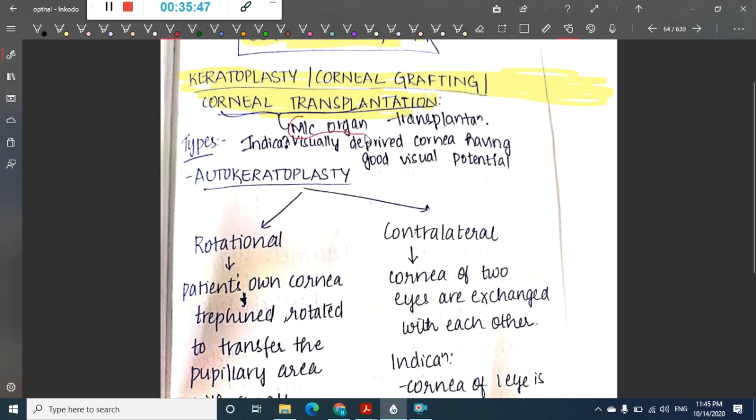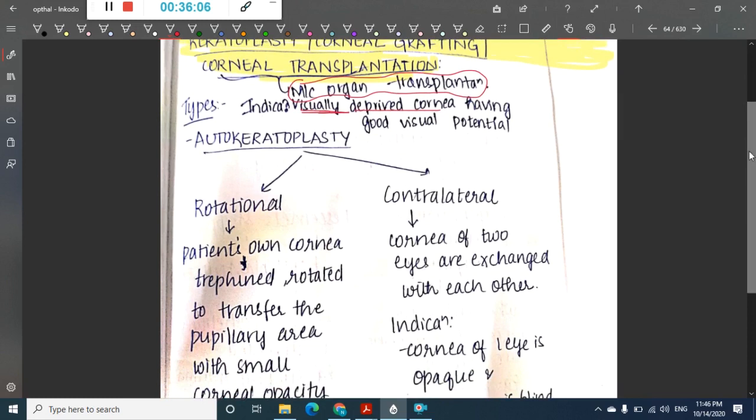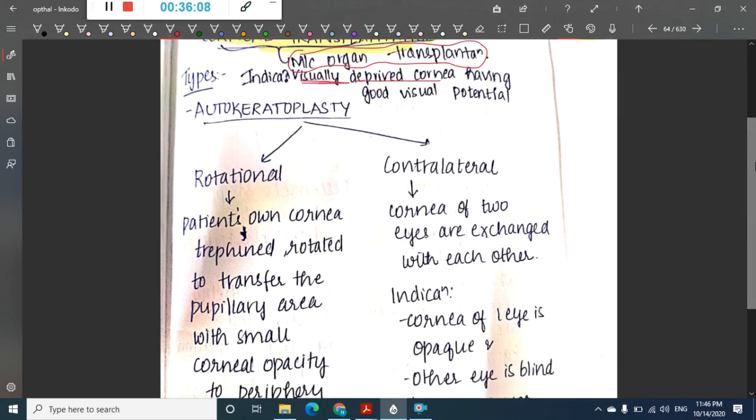The most common organ which is transplanted is the cornea. What is the indication? Any visually deprived cornea having good visual potential can be used for corneal transplantation.